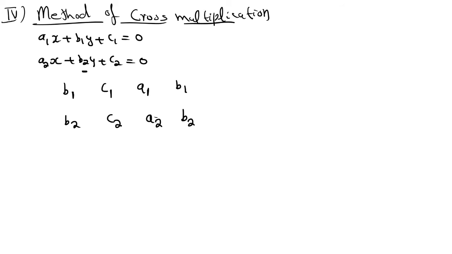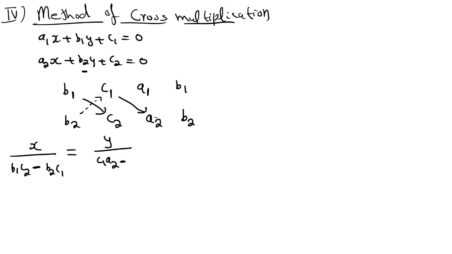Now you need to write it as x divided by, cross multiply in this direction, b1 into c2, in the middle minus, then in this direction, b2 into c1, equal to y divided by, cross multiply in this direction, c1 into a2, minus this direction, c2 into a1, equal to, last very important, 1 divided by, cross multiply a1 into b2 and in this direction minus a2 into b1.